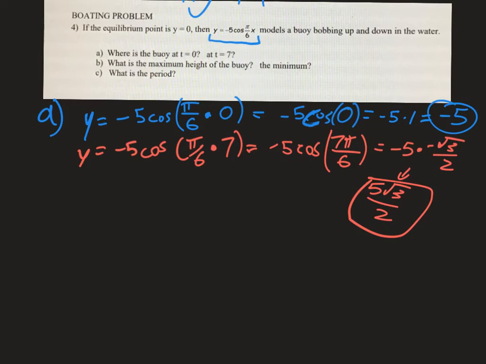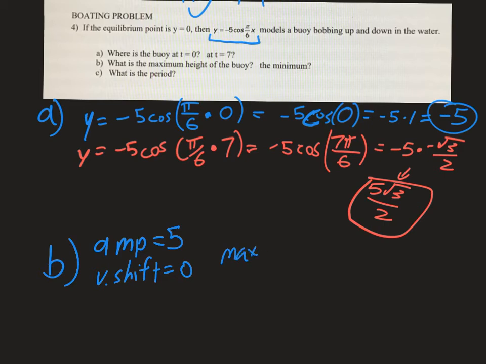Now that we've got part A, let's take a look at part B. Part B says, what's the maximum height and the minimum height? Well, your amplitude for this is 5, and there doesn't appear to be a vertical shift. There's no d value here. So you start from 0, and your graph can only go up to +5.